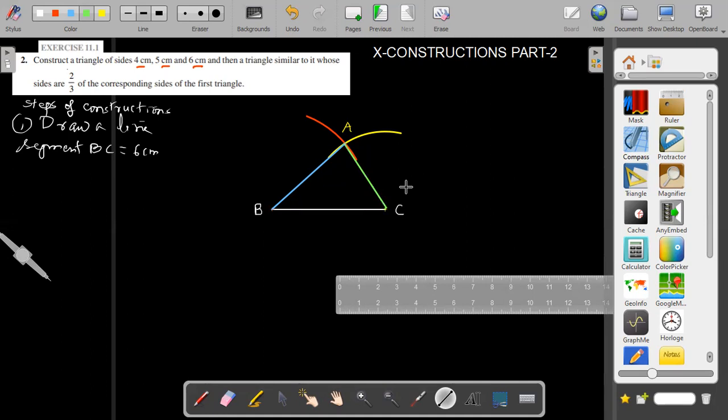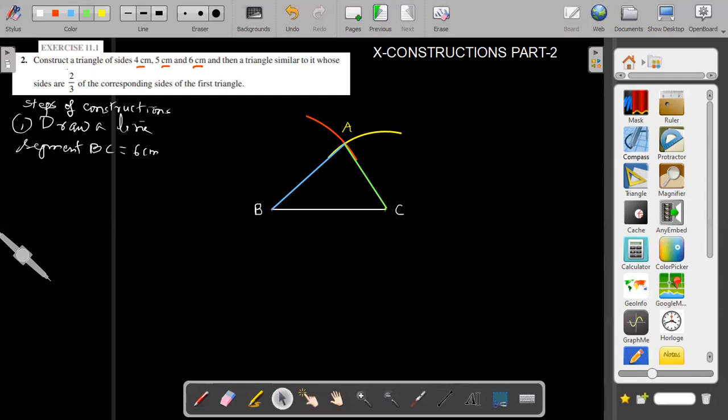Whatever conditions are given, accordingly you will draw this triangle. Here we can show this is 5 centimeters, this is 4 centimeters that you have taken, and this is 6 centimeters.